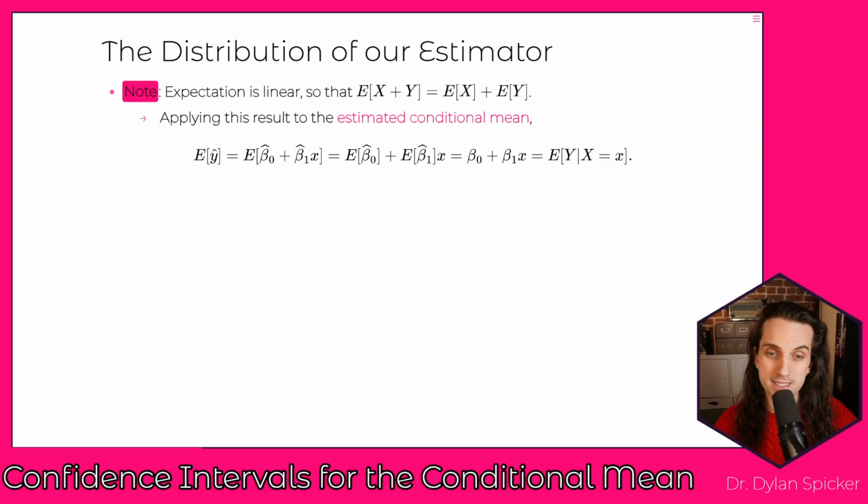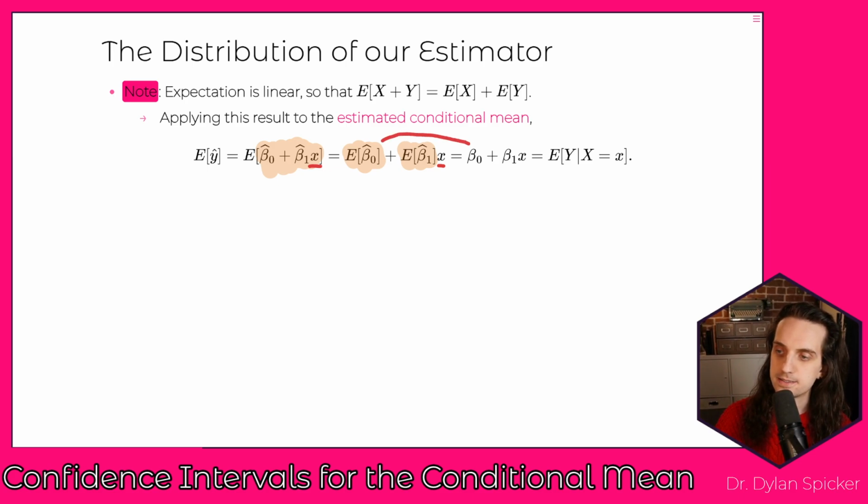So what does that mean for us? Well, what's the expected value of y hat? We plug in, that's the expected value of beta 0 hat plus beta 1 hat times x, right? And so then we can apply this linear expectation. So that's the expected value of the first term plus the expected value of the second term. We can pull that x out, because x is not random. X is just some number. We're given what x is. And so then the expected value of beta 0 hat is beta 0.